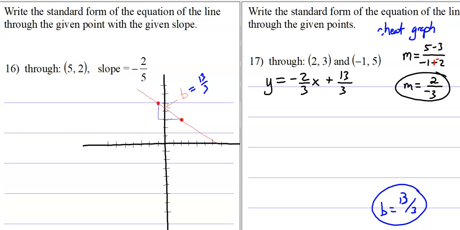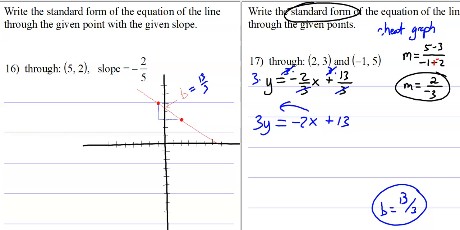Well, standard form says no fractions. So for the second time, we're going to try to clear this doggone fraction out. I'll have 3y equals -2x plus 13. And last move, we got to ship him over to the other side by adding 2x, 2x plus 3y equals 13.